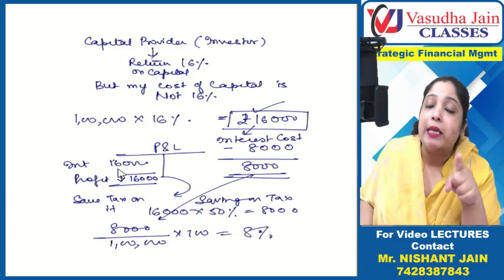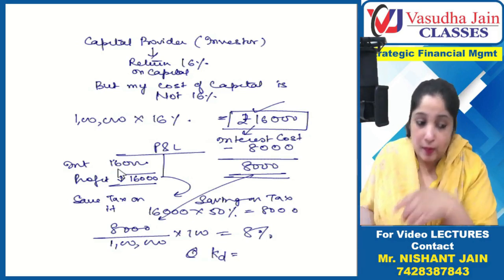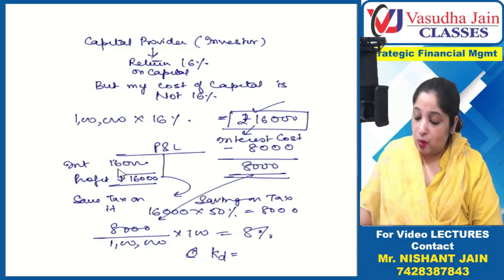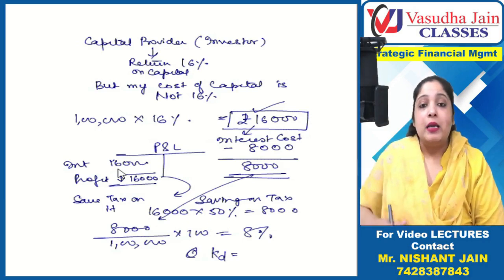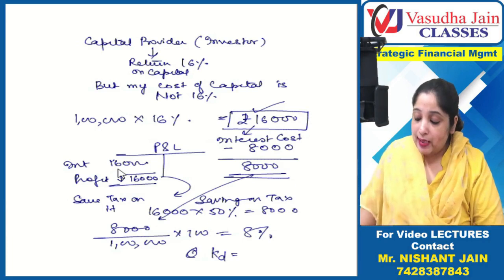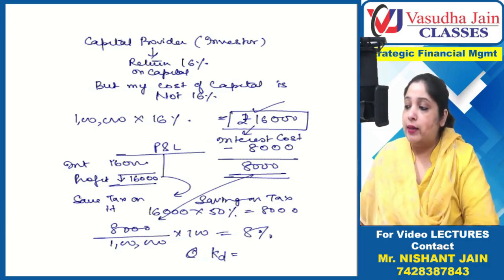This concept you must have studied at inter level, cost of debt, where whatever the debt payments are, whatever the cost of debt is, that is taken into consideration after the tax impact. This is just an understanding, dear students.